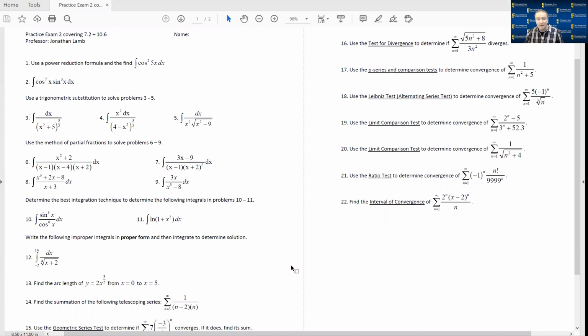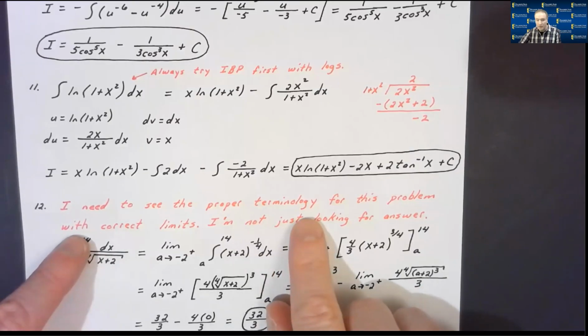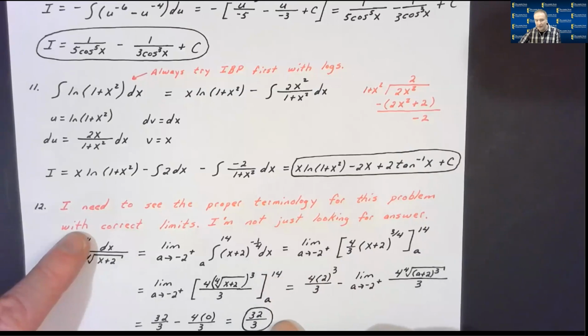This is asking us to write the following improper integral in proper form and integrate to determine a solution. Please keep in mind, in this problem, just like I wrote in red here, I am not simply looking at your final answer.